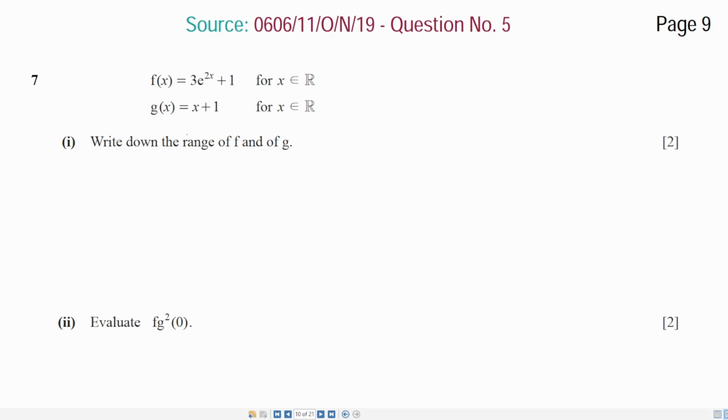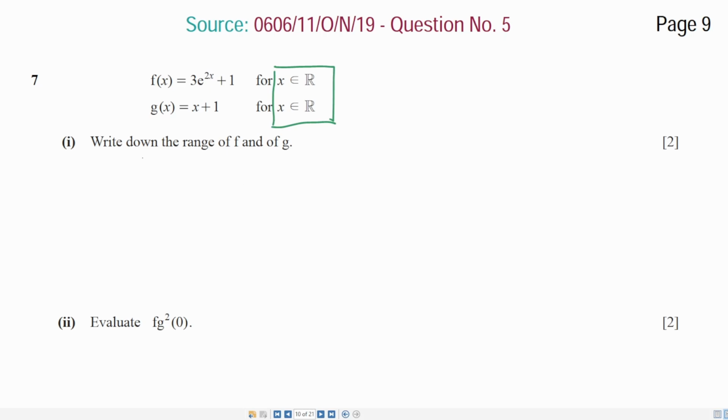Alright, now this is our next question. So this question has given us two functions, f(x) and g(x), for all real numbers. So x is an element of the real numbers, which basically just means all real numbers of x. Now write down the range of f and the range of g. Now let's start with f.